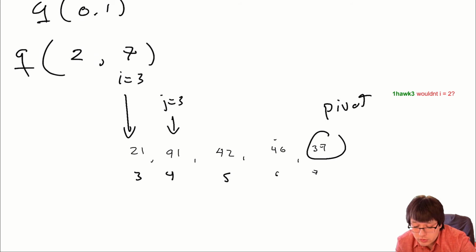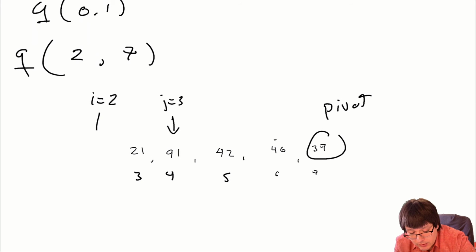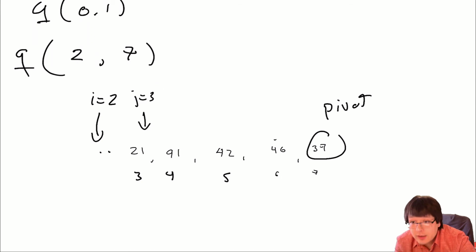Wouldn't i equal 2? It was equal to 2, but it got increased to 3. So like we started out with i equal to 2 in the beginning. Let me backtrack a little bit so you can see that again. So you initialize this by having i equal to 2, which is one number before, and then j equal to 3. Okay? That's the start. But then immediately you look that j is smaller than the pivot.